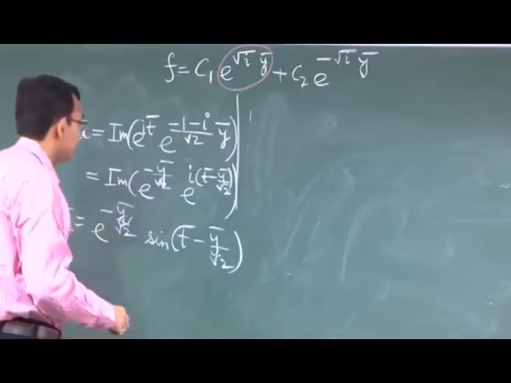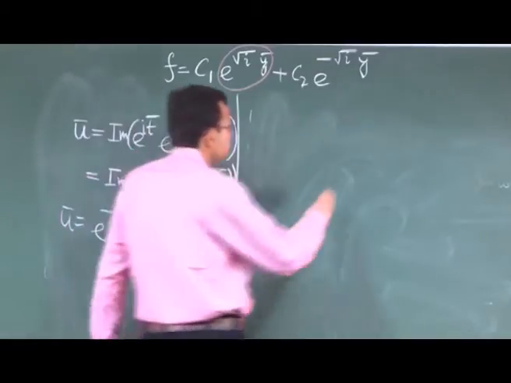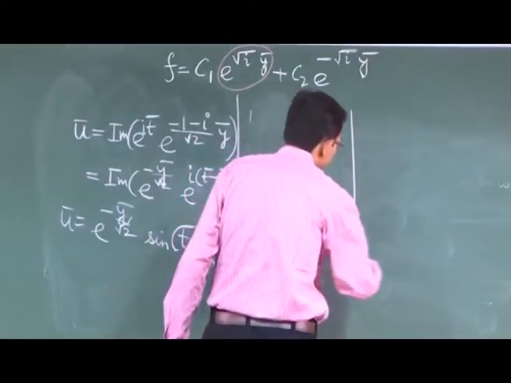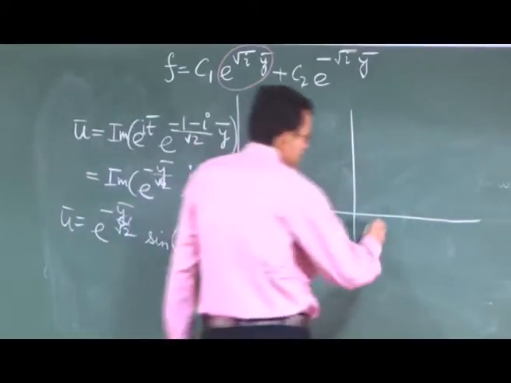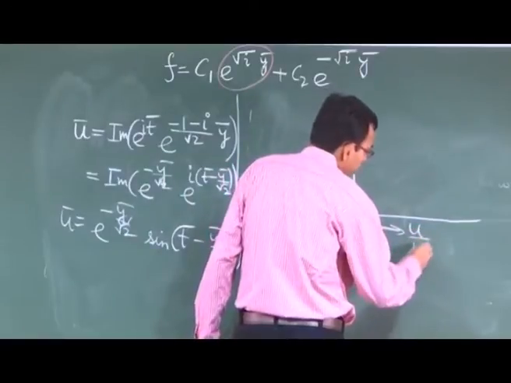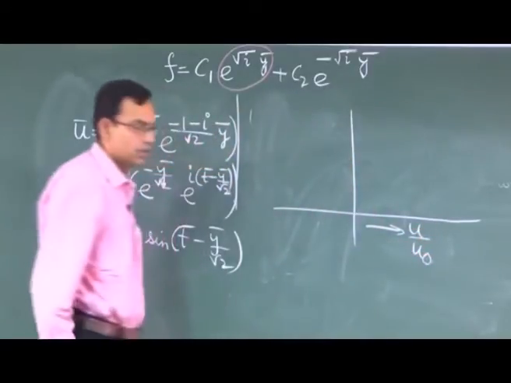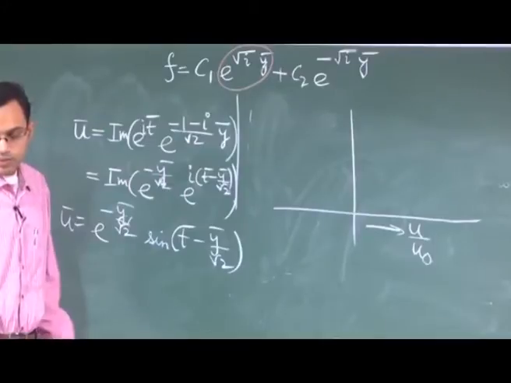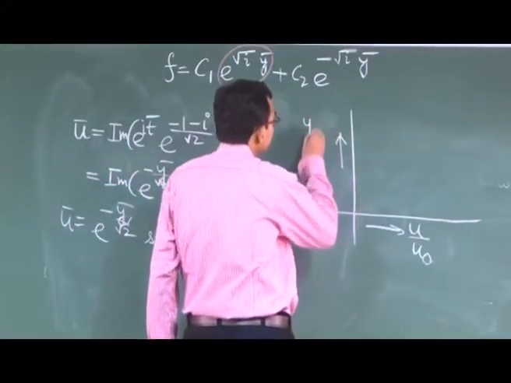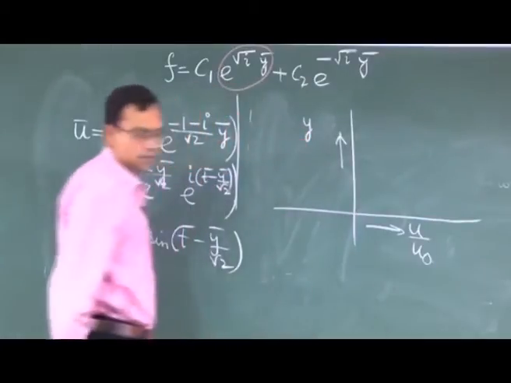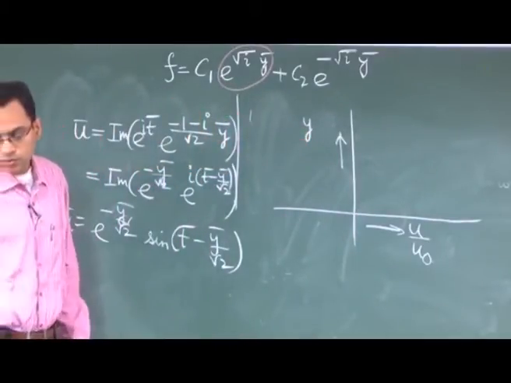So, if you make a plot, the axis, you have u by u0, and then this basically we are plotting y by delta.